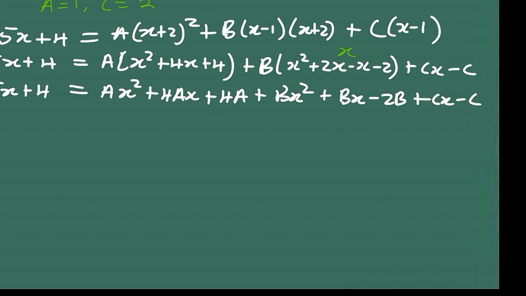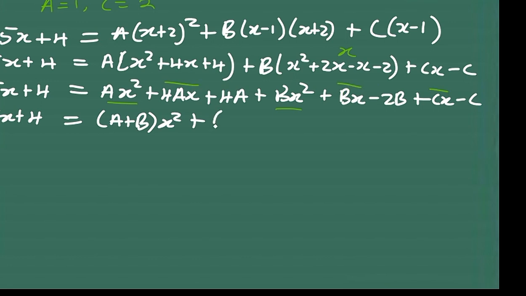Grouping like terms, we're going to have 5x plus 4 equals: we have here ax squared, bx squared, so this is going to be a plus b for x squared, plus we also have here 4ax, bx and plus cx.